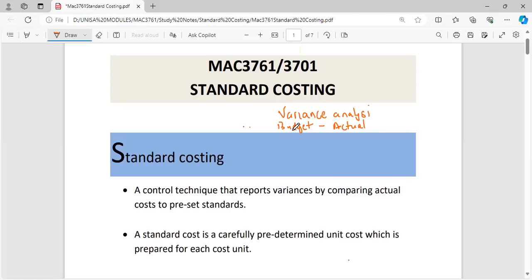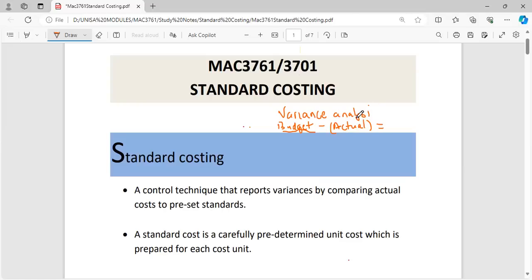So in our budget, we set figures that we think this is what you are going to spend. But at the end of the day, you might find that the budget and your actual are not the same. I think we all experience this in our daily lives. We budget.